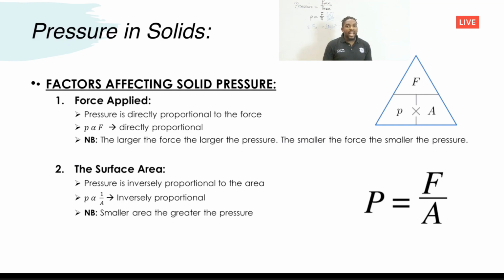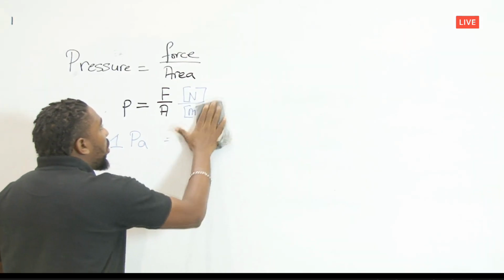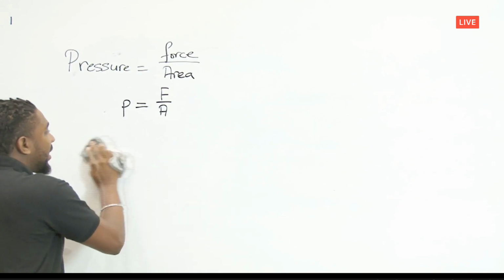Secondly, you have surface area, that pressure is actually inversely proportional to the surface area. Now what that means is that the smaller the surface area, the larger the pressure is going to be. The smaller the surface area, the larger the pressure, or inversely you can say that the larger the area, the smaller the pressure. And that can actually be looked at from this formula.